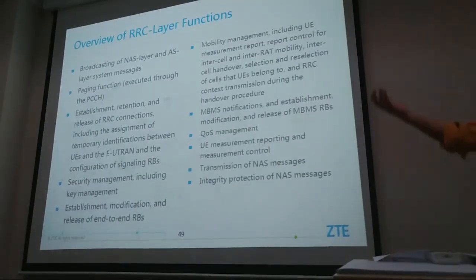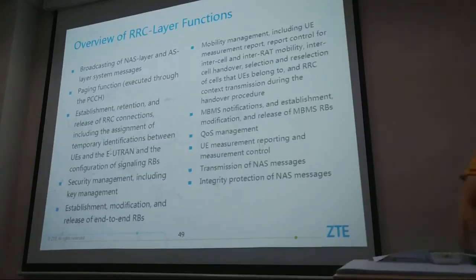It contains mobility management, QoS management, NAS transmission, broadcasting, paging, RRC connection establishment and re-establishment, security management for the AS layer, and RB, that is radio bearer establishment. So all the functions related to eNodeB management are realized in the RRC layer.